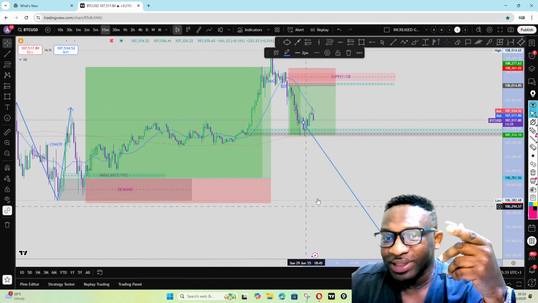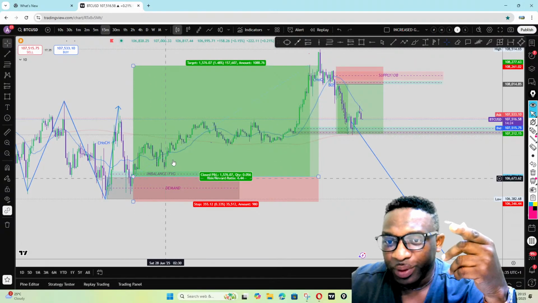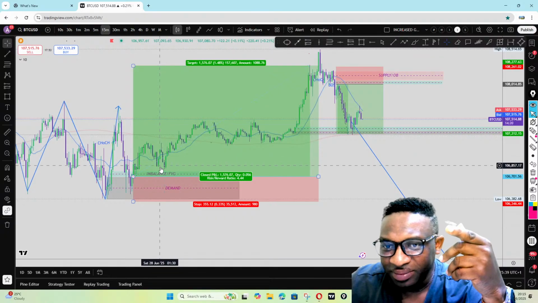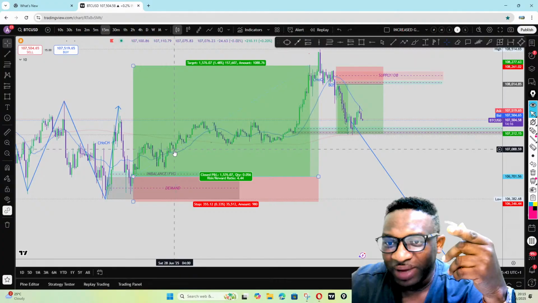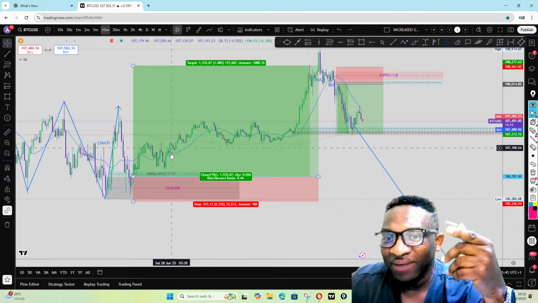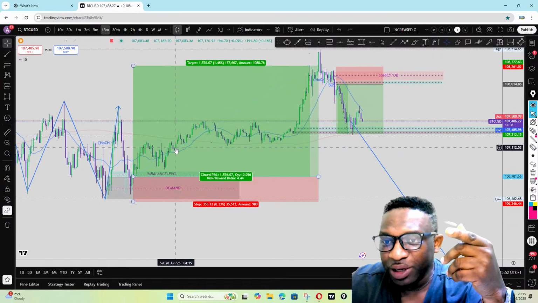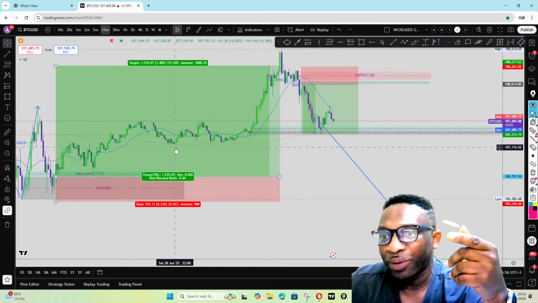So for example, over here, this is the original entry. Over here we had another push down, and then price made another bullish engulfing candle here. We have another bullish engulfing above the 20 moving average. So if perhaps I want to add on to my trade, I could use any of these entries to add on to the trade that I'm already in.